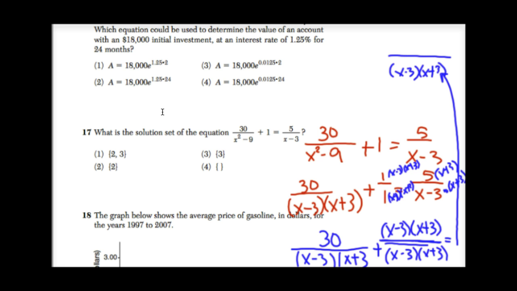This will be 5 times x plus 3. Now I'm going to combine these into one big equation since they have the same denominator. This will be 30 plus x minus 3 and x plus 3.